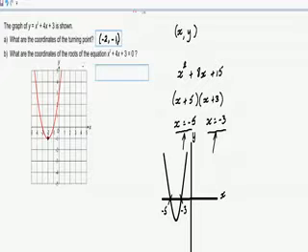So to find the roots of the equation, we just go to where the graph cuts the x-axis. Okay, so it cuts the x-axis at -1, but it says the coordinate, so we've got to put it in this form.